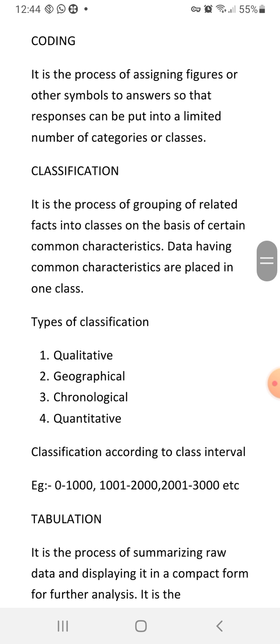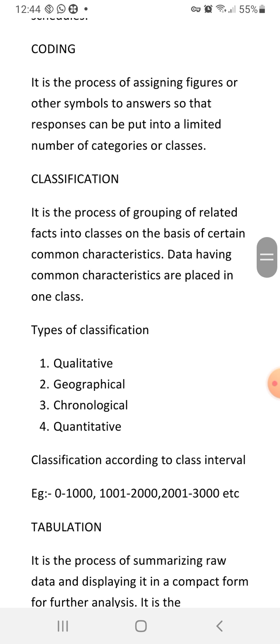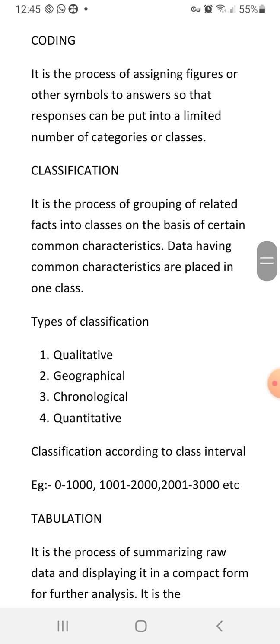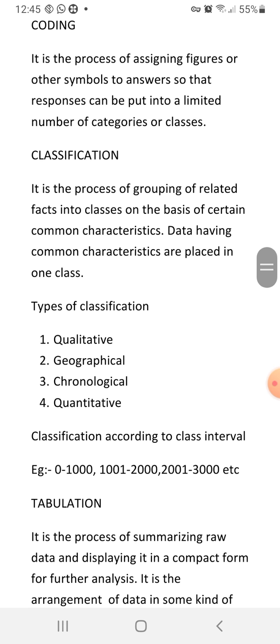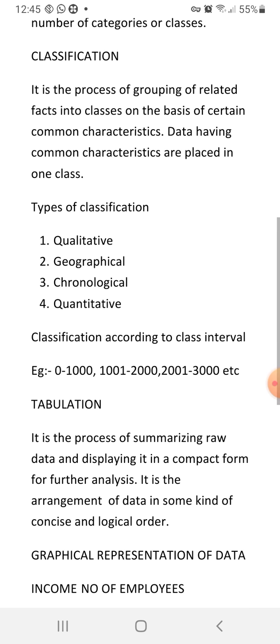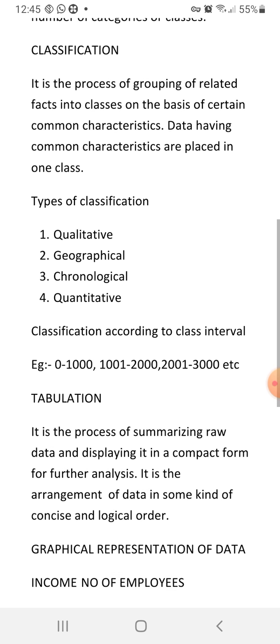You make 3 categories: people living in hilly area, people living in coastal area, people living in plain area. There are some classifications you have made. Another classification is on the basis of religion. You make some classification. Therefore, classification is done.